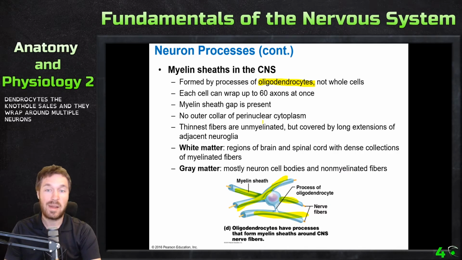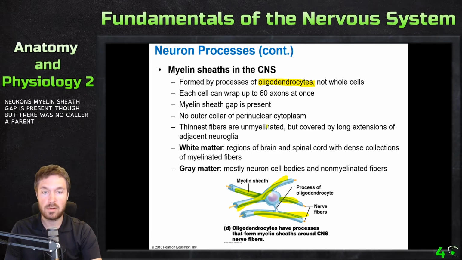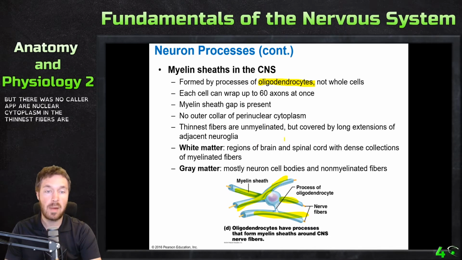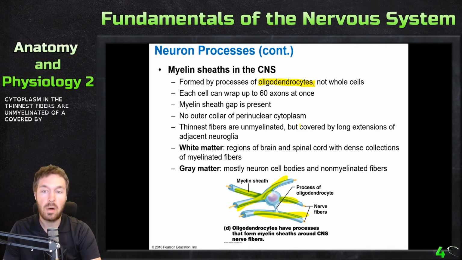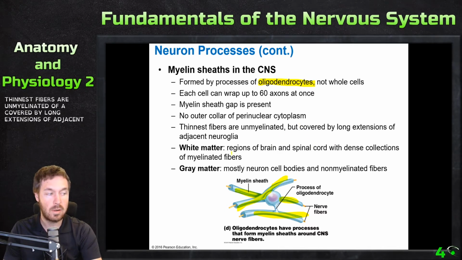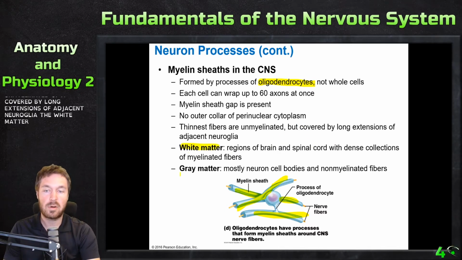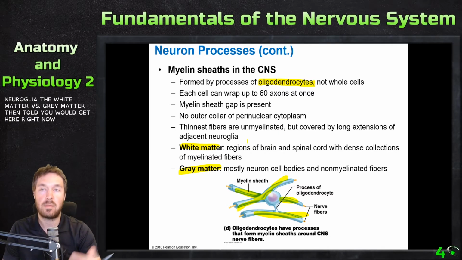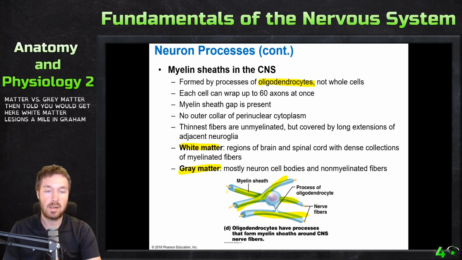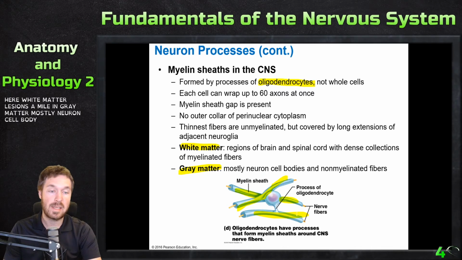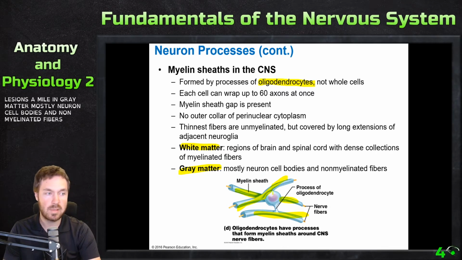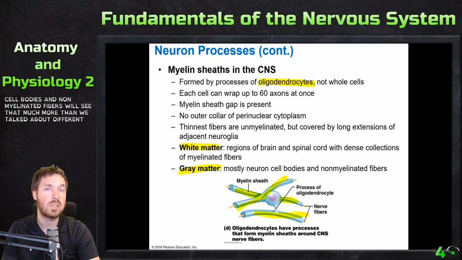Myelin sheath gaps are present, though, but there is no collar of paranuclear cytoplasm, and the thinnest fibers are unmyelinated but covered by long extensions of adjacent neuroglia. So white matter versus gray matter, told you we'd get here. White matter, regions of myelin. Gray matter, mostly neuron cell bodies and non-myelinated fibers. We'll see that much more when we talk about different regions in the brain.